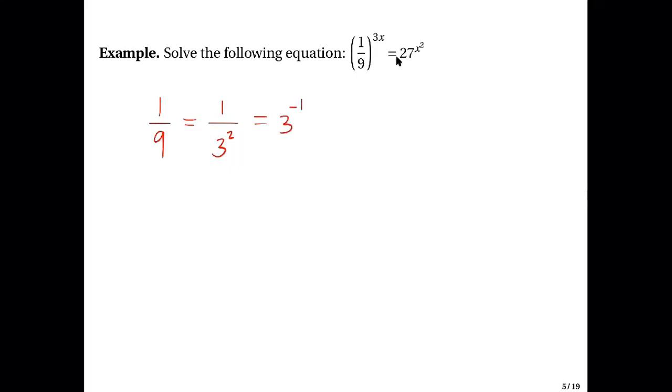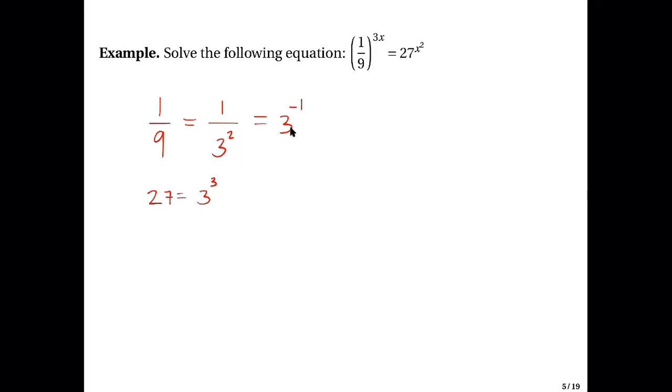On the other hand, 27, I hope this is easy, is 3 raised to power 3. 3 times 3 is 9, times 3 again is 27. So 1 over 9 and 27 are both a power of 3.